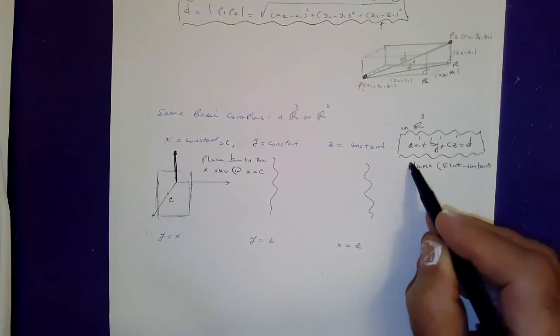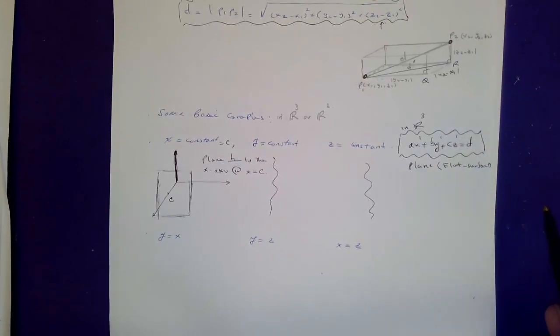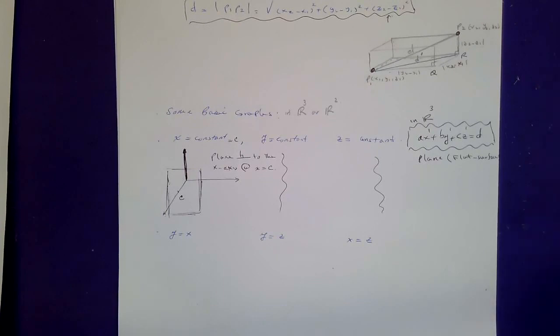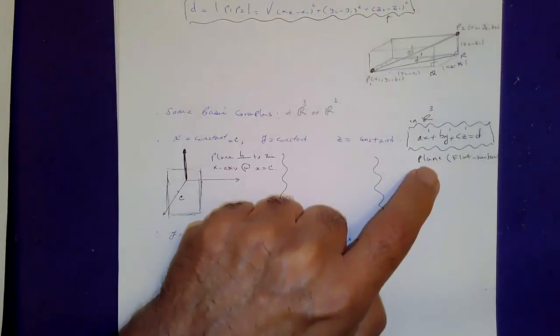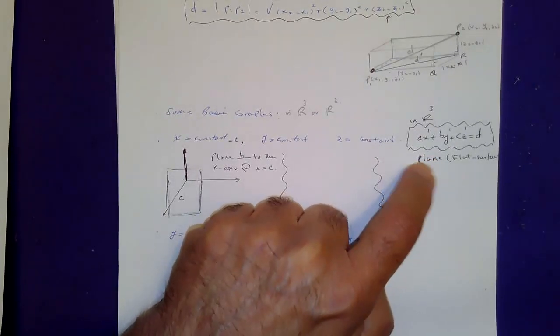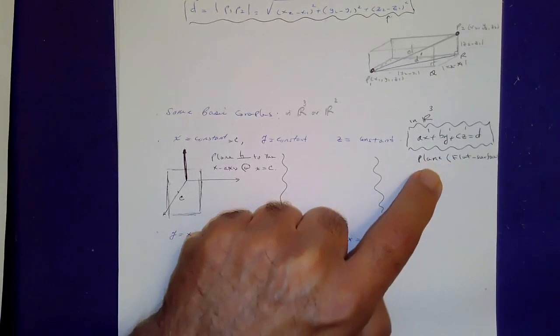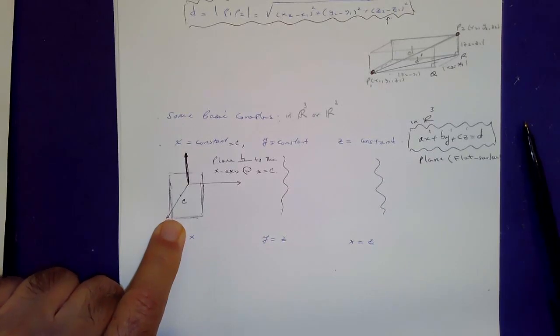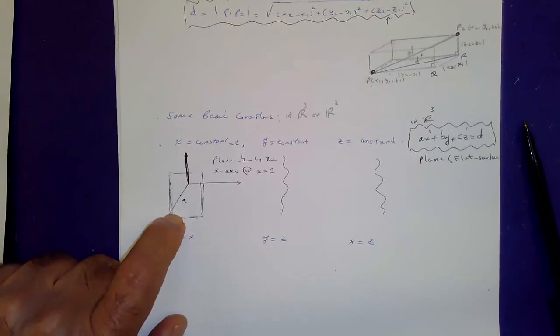It's the simplest surface you can get your hands on. And a line is the simplest curve you can get your hands on in 2D or 3D. But in 3D, the simplest flat surface you can get your hands on is called a plane. A plane is usually shown by either a parallelogram or rectangle.